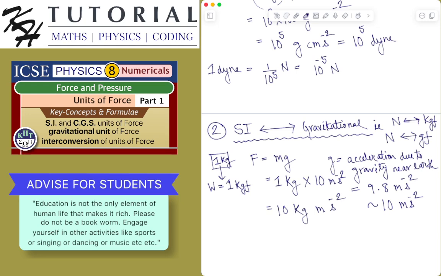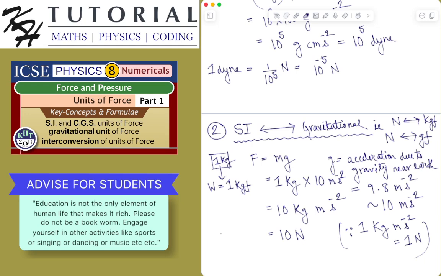Now, what is 1 kilogram meter per second square? We know this is 1 Newton, as we just discussed a little earlier. So the force of gravity acting on a body of mass 1 kilogram is 10 Newton, which is also 1 kgf.